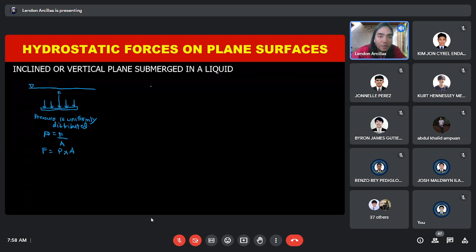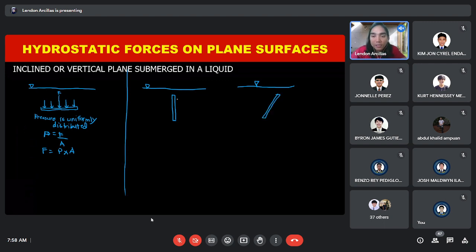So for hydrostatic force, the object there is vertically submerged or inclined submerged. Dalawa lang yan. So pag vertically submerged or inclined siya, ang value ng force there is not equally distributed.